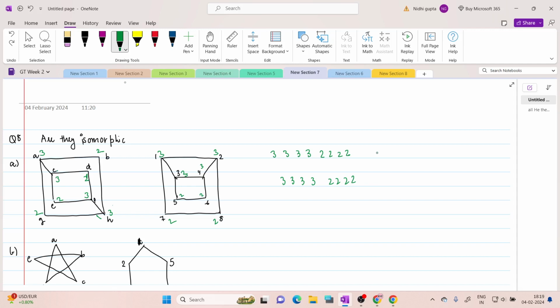If this is G and G prime, G prime has a degree 3 vertex which is adjacent to 2 degree 3 vertices.